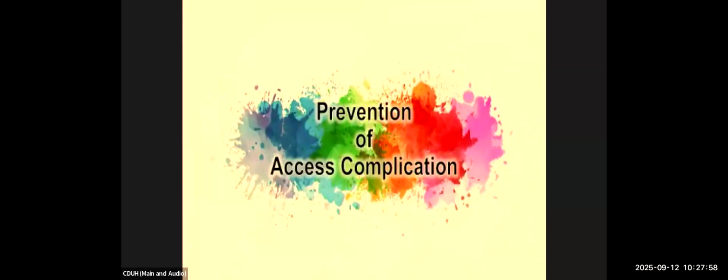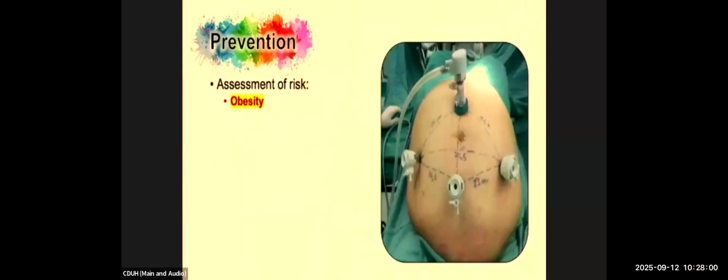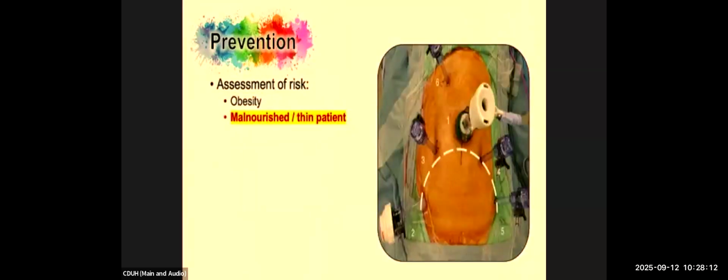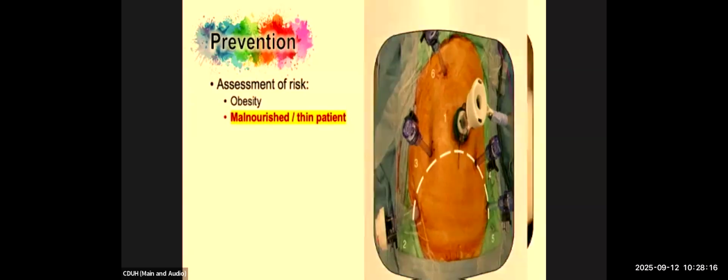Lastly, prevention of access complications. To prevent it, we must assess the risk. For obese patients, we must be extremely careful because the access for them might be difficult. However, if the patient is malnourished or too thin, the access can be challenging as well.